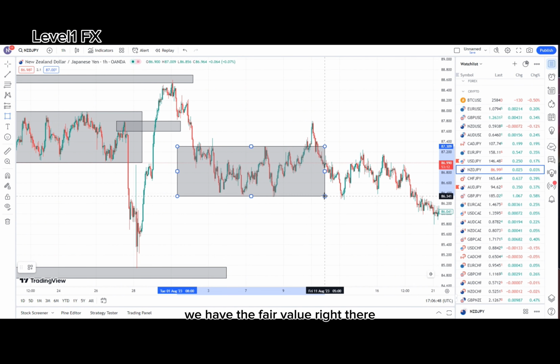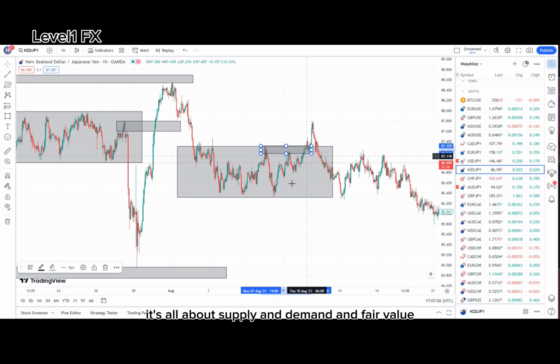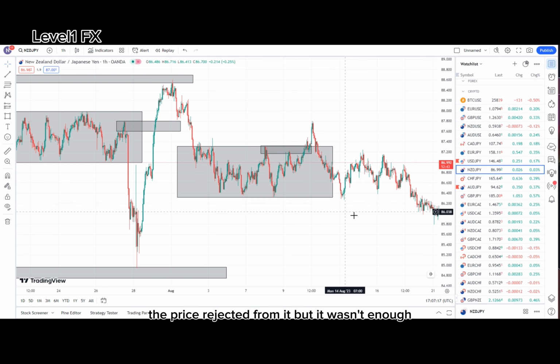We have the fair value right there, and every chart is the same, and in all markets, stocks, crypto, it's all about supply and demand and fair value. So we have a supply zone right there, and again we can see how the price just went through it. Maybe a little bit the price rejected from it, but it wasn't enough.